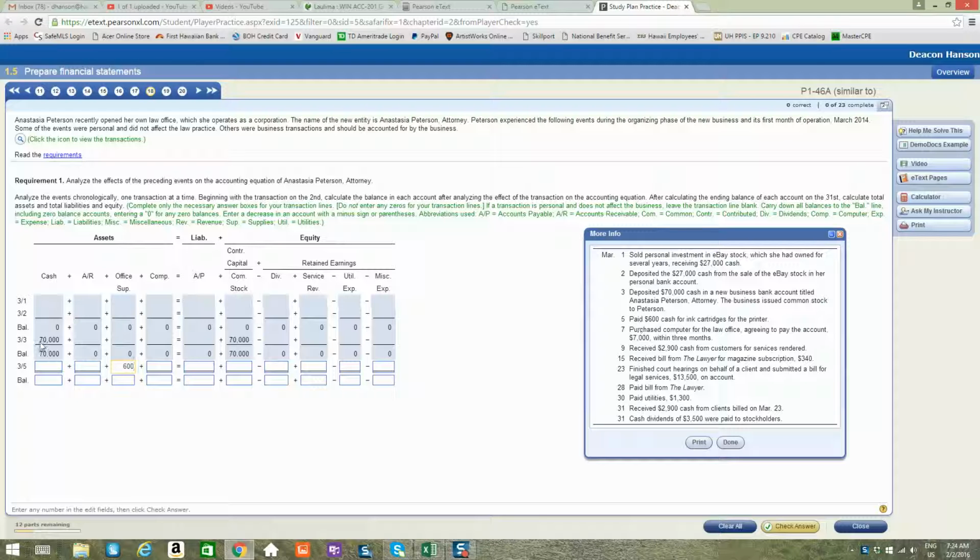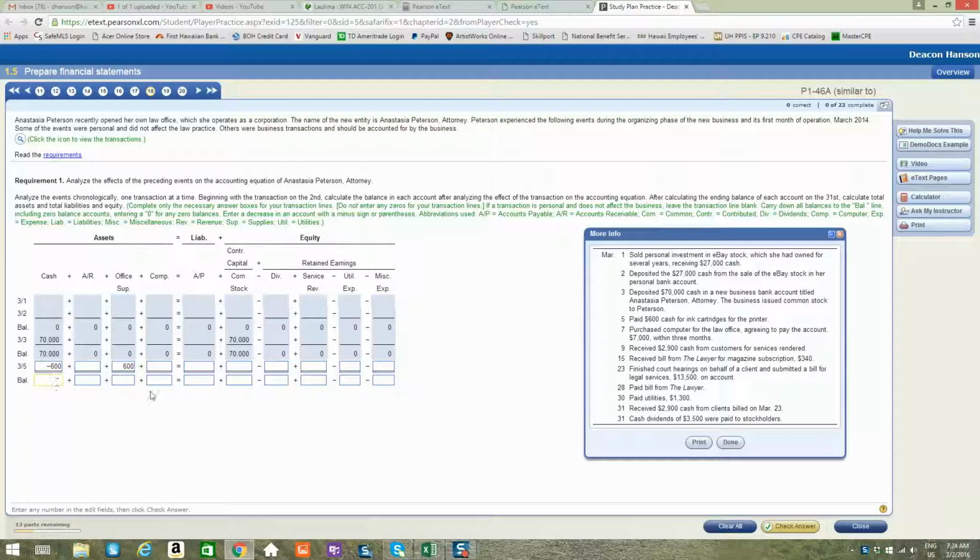So cash actually decreased by 600. Okay, so it all happened on the left side of the accounting equation, and it's offsetting, right? Office supplies, which are an asset increase, and cash, which is an asset decrease by the same amount. So we have a wash. We don't have to do anything to the other side of the equation.